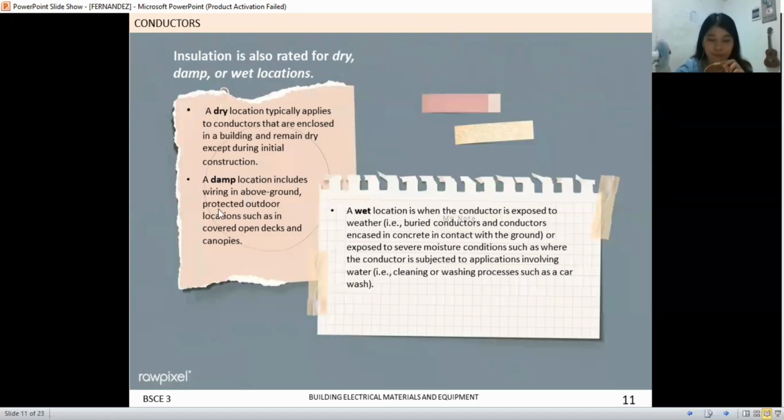While the damp, exterior or interior location that is normally periodically subject to condensation of moisture on or adjacent to electrical equipment and enclosed partially protected location. While the wet location, obviously, basa na location or conductor exposed to weather, buried conductor, cleaning or washing processes such as car wash.